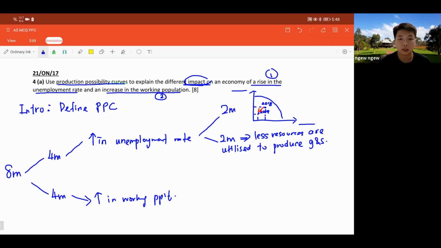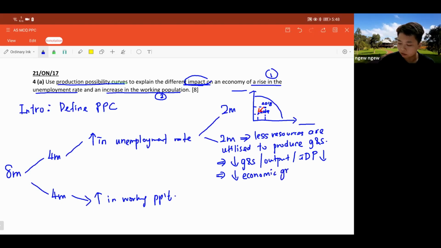Okay, you are utilizing less resources, obviously, and therefore resulting to lower amount of goods and services or lower amount of output, lower amount of GDP. Okay, less goods and services being produced, less output produced in the country, leading to falling GDP, or in other words, we call it falling economic growth.